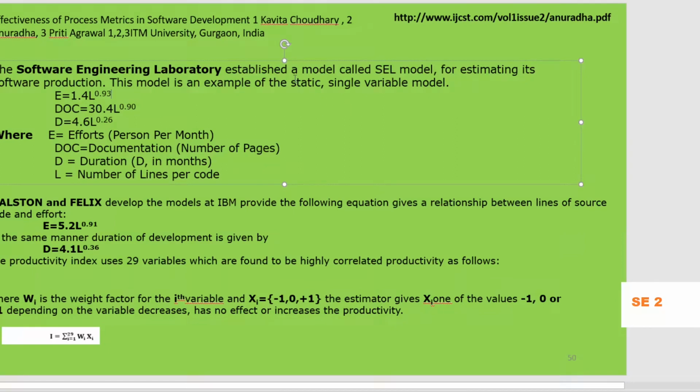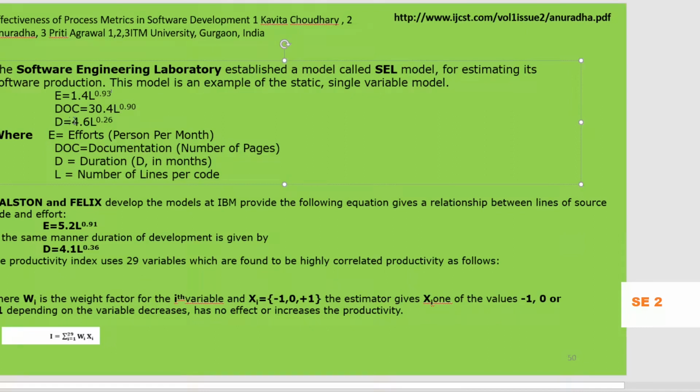Sabi ng Software Engineering Laboratory, or SEL, yan yung acronym na may encounter natin dito. For estimating software production, this model is an example of a static single variable model. So, E is equal to 1.4 L raised to 0.93. DOC is 30.4 L raised to 0.90.